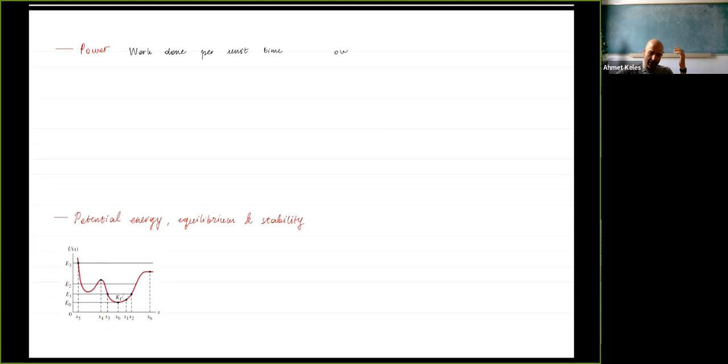We need to first count, because unit time is division by time. So when we divide with time, we first introduce average power. And we show it with P, and this is the average total work done divided by time.